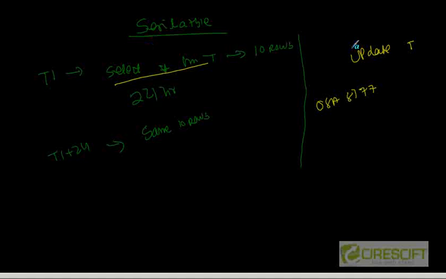So if somebody does that, all other people who want to do an update are just waiting for it to finish. And even after t plus 24, if somebody does a commit here, then the update is going to go through.